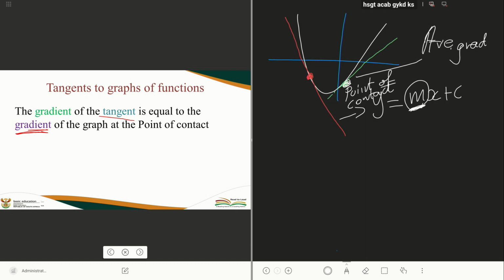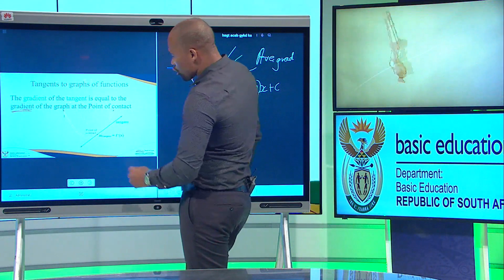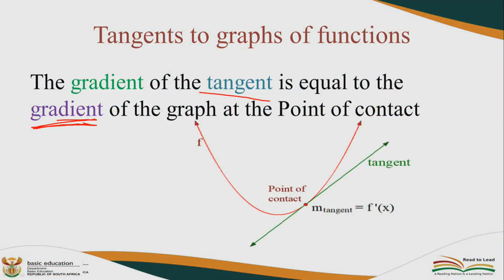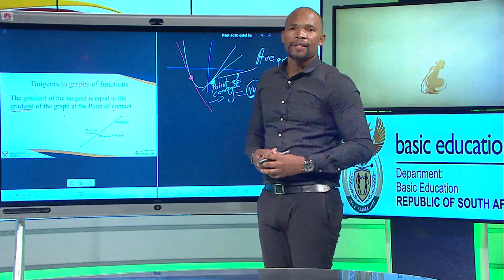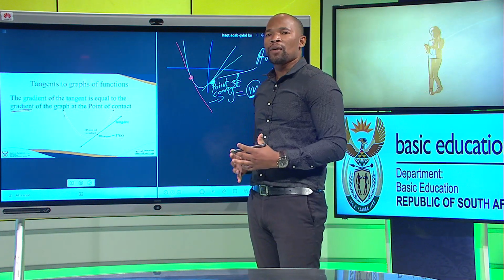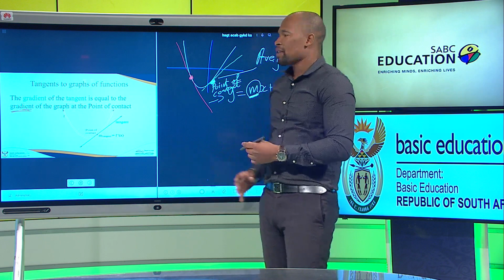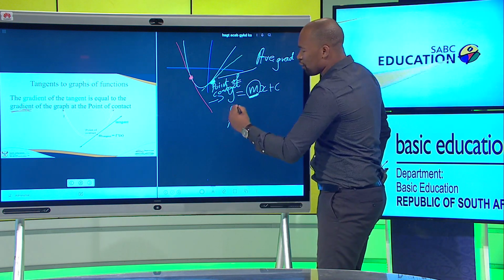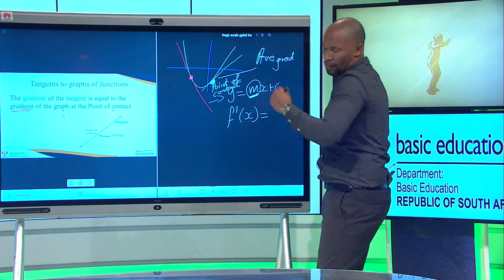All right. Let's check now what is given there. You can see now the point of contact in red is my f of x, which is a parabola. And then in green is my tangent. So the gradient of a tangent, we are narrating this now, is equal to the first derivative of f of x. So we can say now, for us to get the gradient of a tangent, we must pass through the knowledge of a first derivative.